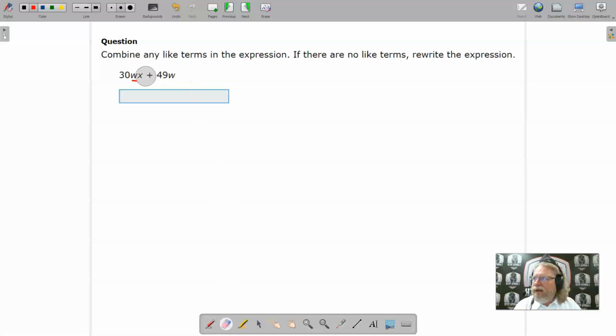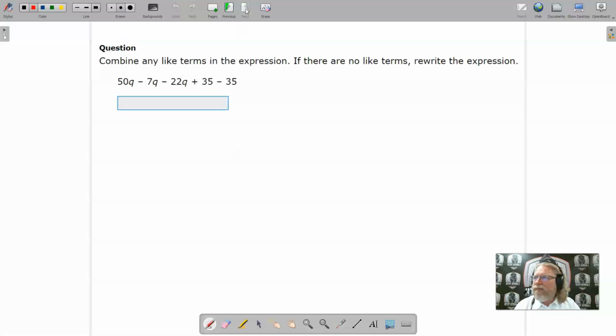However, we don't have an X there, so we cannot combine these two terms because they are not like terms. So we would just rewrite it, because it is already simplified as much as we can. We couldn't simplify it any further, so notice that the answer is exactly the same as what they gave us originally.